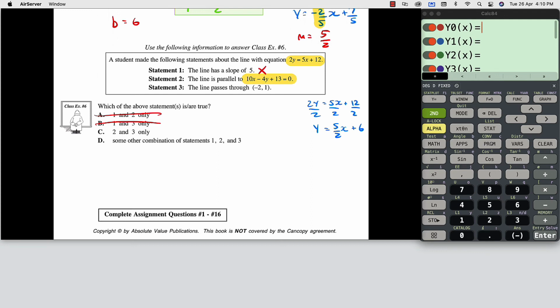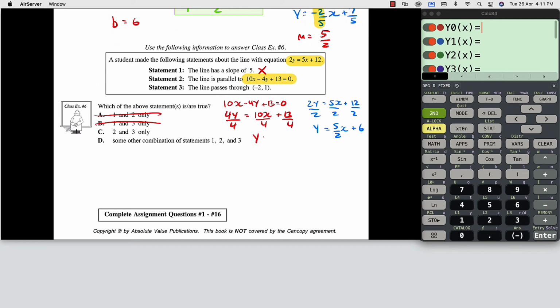So let's check this out. We're starting off with 10x minus 4y plus 13 equals 0. The y is negative, so I've got to move it to the other side by adding 4y to both sides. So I end up with 4y equals 10x plus 13, and then divide everything by 4.